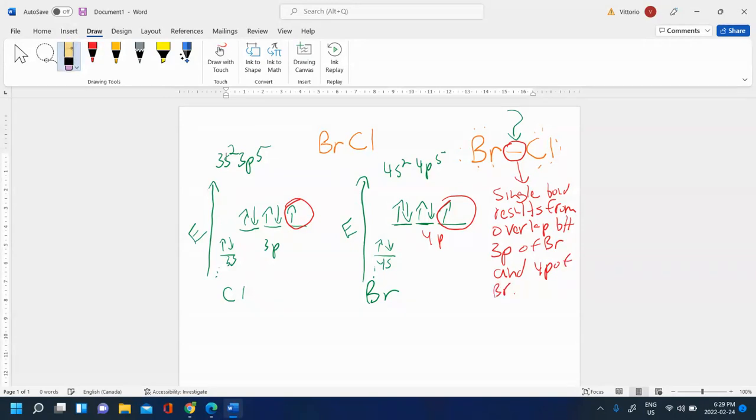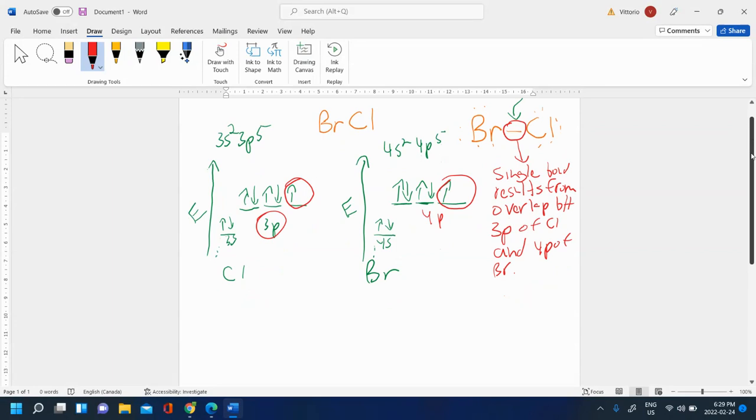What I said there was obviously meant to be chlorine here. So it's the 3p of chlorine and the 4p of bromine. And that's the region of overlap responsible for the bond.